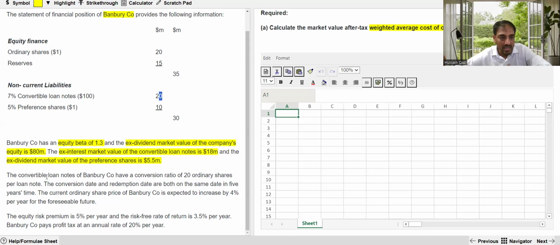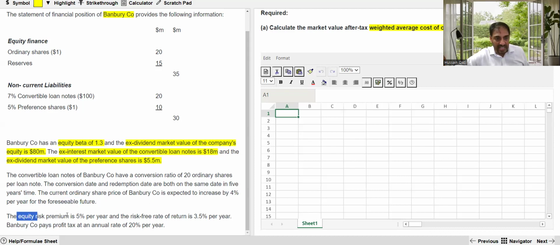Further, convertible loan notes of Banbury company have a conversion ratio of 20 shares per loan note. Very simple. Conversion date and redemption date both on same date in 5 years time. Current ordinary share price of Banbury is expected to increase by 4% per year for the foreseeable future. These are the data available for the convertible loan notes.